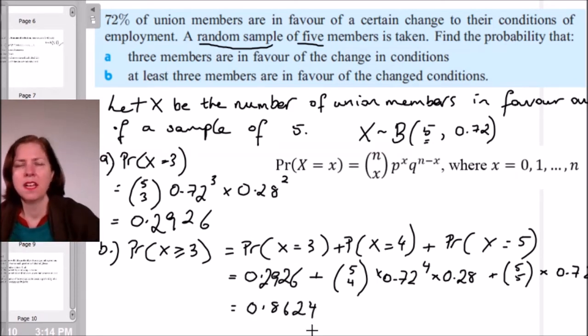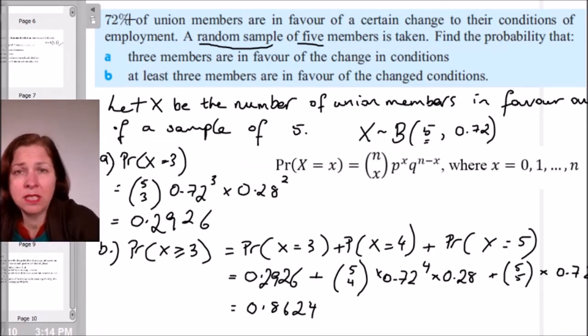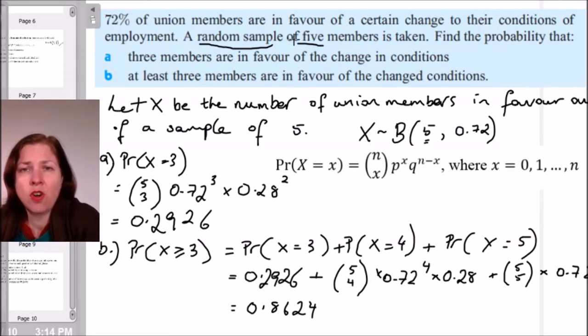Okay. So let's recap what I've done. First, I read the question and identified it as a Bernoulli sequence because I know how many samples will be taken. There'll be 5. And each individual member that's selected has only 2 distinct possibilities. Either they're in favour or they're not of these certain conditions.